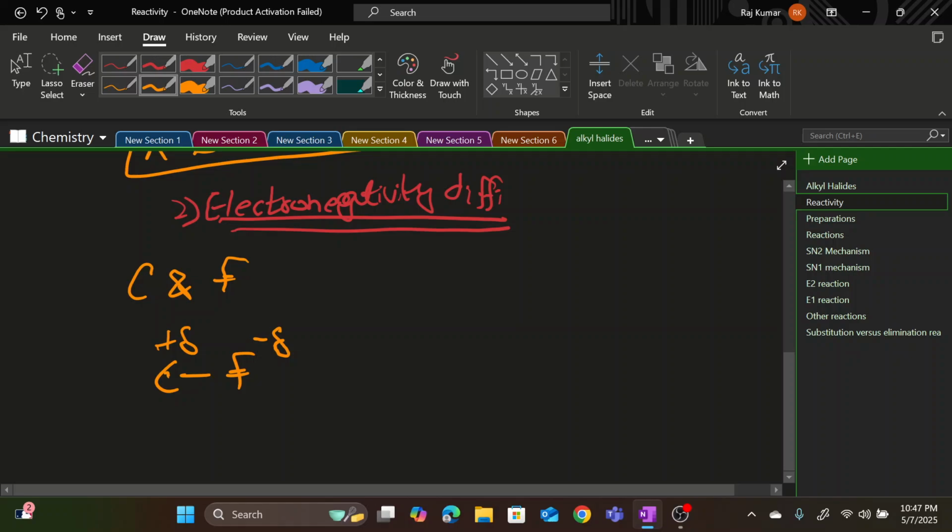Due to this reason, fluorine becomes a strong nucleophile.